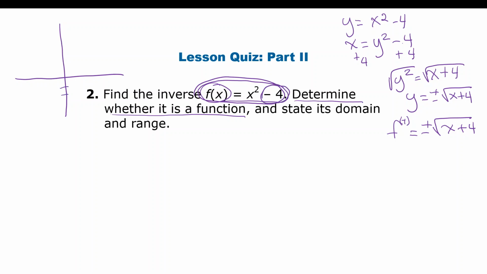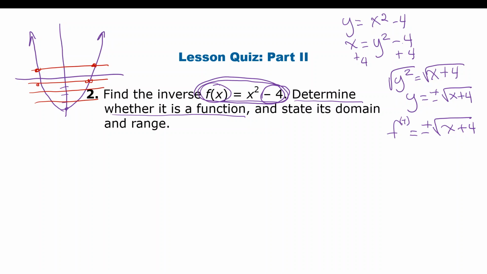So we're going to go down 4 units, and now we just have our regular parent function like this. All right, and now we need to determine if the inverse is going to be a function. Well, to determine that, we need to do the horizontal line test, and notice that for every y, there's actually 2 x's. All right, every y has 2 x's, so that means that this is not going to be a function.